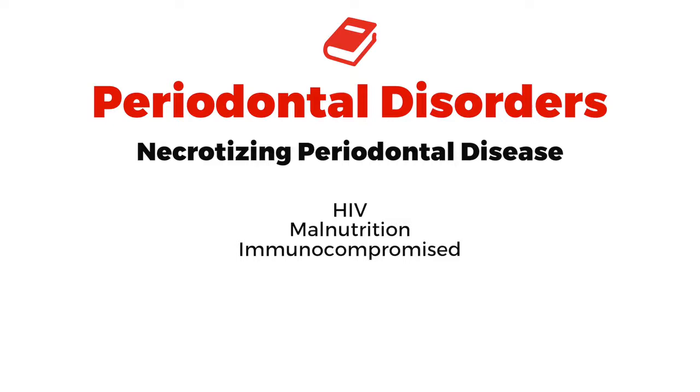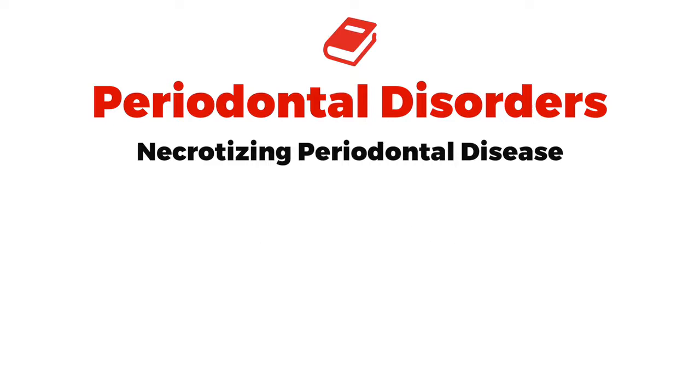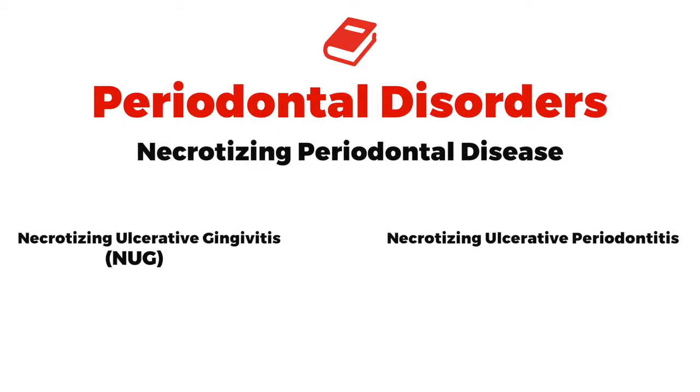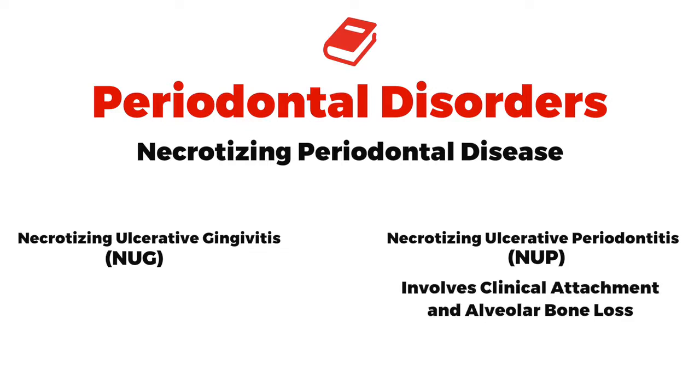These patients with necrotizing periodontal disease can go 2 ways: necrotizing ulcerative gingivitis, which is NUG for short, or necrotizing ulcerative periodontitis, NUP. And these 2 diseases have the same etiology and clinical signs, except that NUP does have clinical attachment and bone loss. So I would be aware of those differences for your exam.